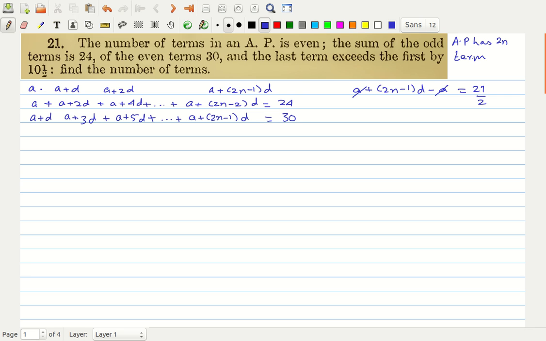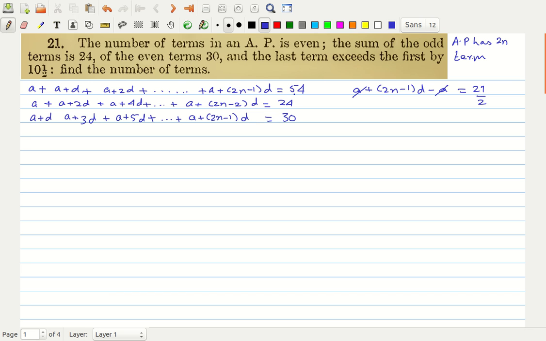What it also means is, if you add the original series, this should be equal to 24 plus 30, which is 54, right?